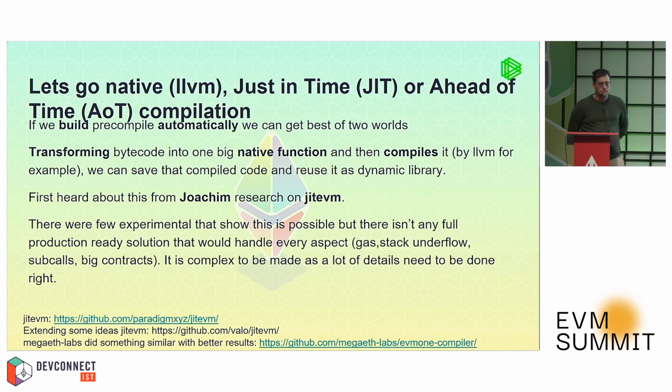That should be faster. I first heard about that from Joachim and his work on GraalVM. There are a few experiments after that, but there is no production-ready code. In the end, it seems like good research, and it seems logical.